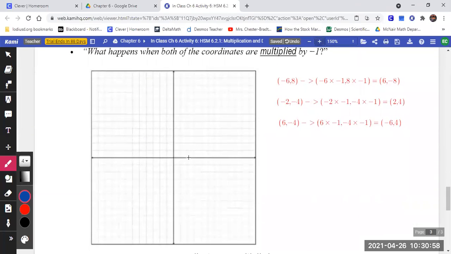Thank you. 1, 2, 3, 4, 5, 6. 1, 2, 3, 4, 5, 6, 7, 8. Okay. And then our next one was positive 2, positive 4. And negative 6, positive 4. And we connect them.